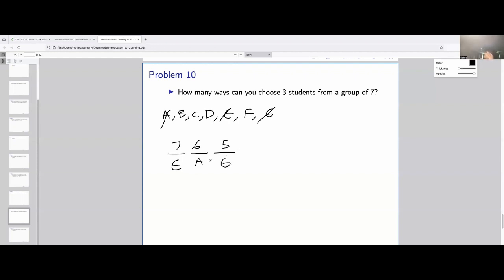So again, we know that multiplying them directly is not the correct answer, because we do have to correct. In reality, I could have chosen these students in any order. So let's write this out.